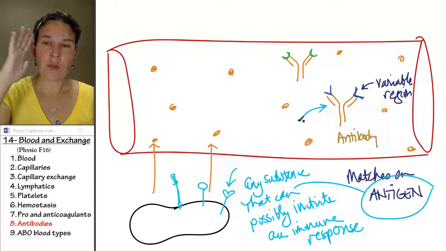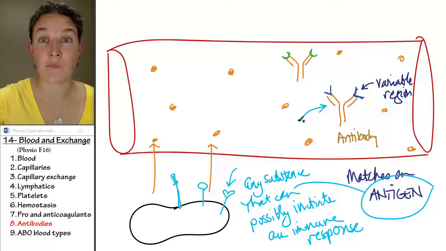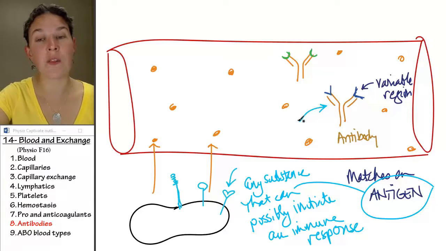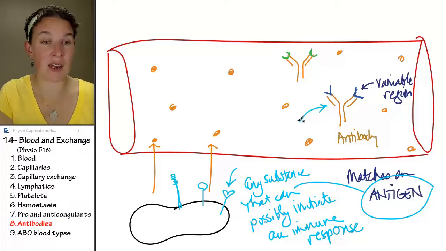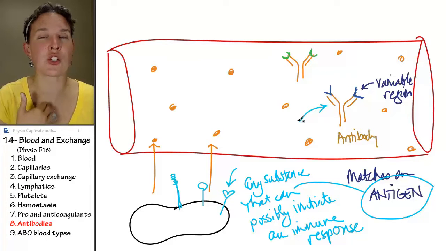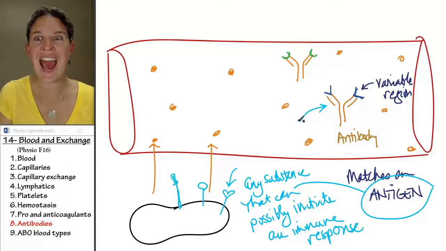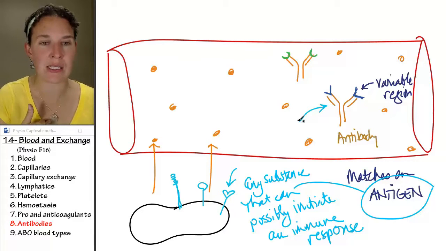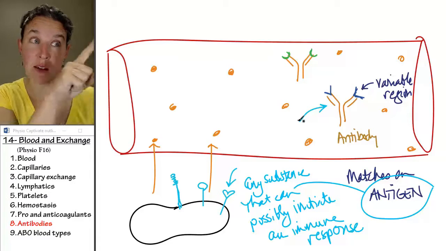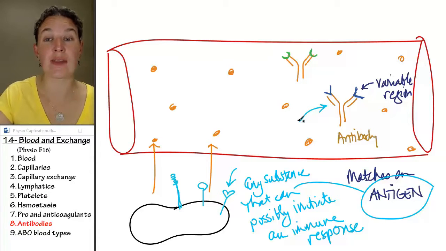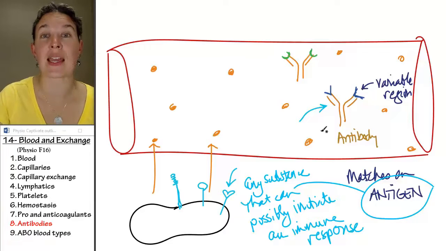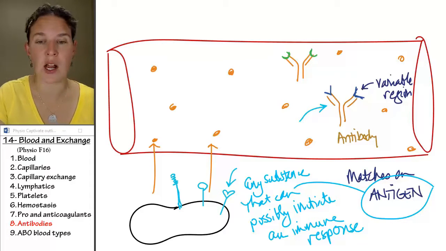So know that antibodies initiate immune responses. I mean, they respond to a bad guy coming in. Know that antigens are embedded in all of our cells, and we shouldn't react to things that are our own. We shouldn't have antibodies against self-antigens. We should have antibodies against non-self antigens, and blood typing has to do with this. Okay, so let's talk about our blood types.